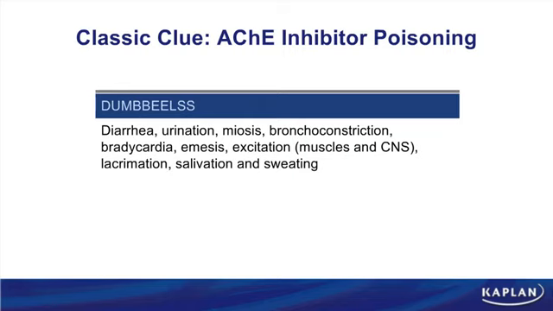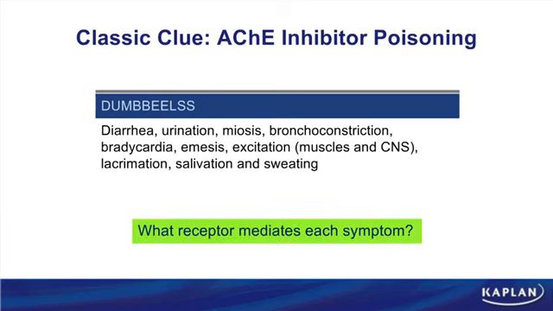When I look at the different parts of DUMBBELSS and identify what's going to happen, like diarrhea, your challenge should be to indicate exactly what receptor mediates each symptom. If I think about what receptor causes diarrhea, for example, that would be overstimulation of, that's right, muscarinic M3 receptors. What about urination?